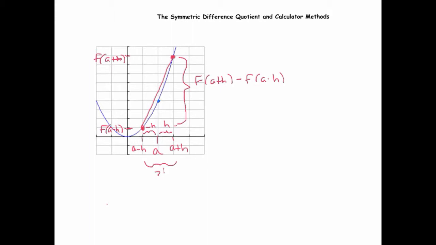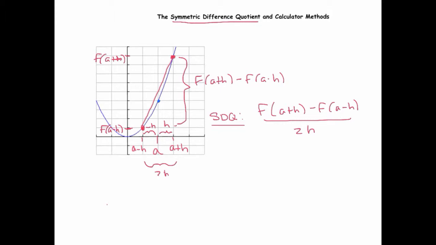So all in all, the slope of that secant line would be f of a plus h minus f of a minus h, divided by 2h, and that's called the symmetric difference quotient.